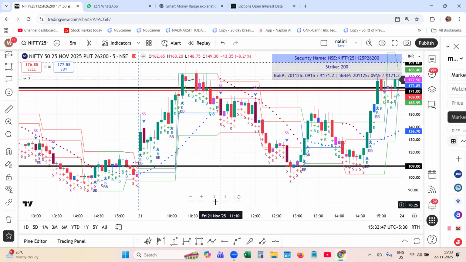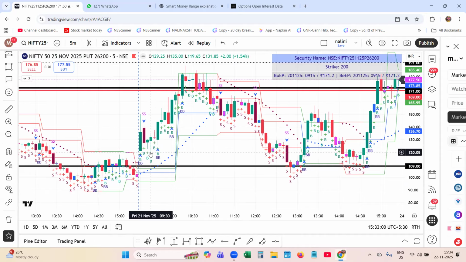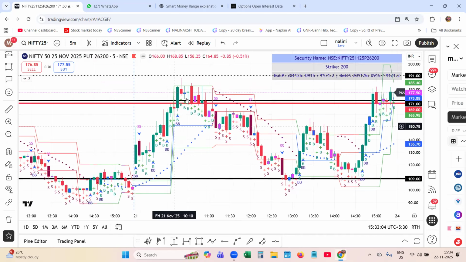This put option came almost near 107, and it was above the rolling pivot. So comfortably keeping this as stop loss, you could have entered into the put option, and with the rolling pivot you could have traded up to 180. It went there to 191.